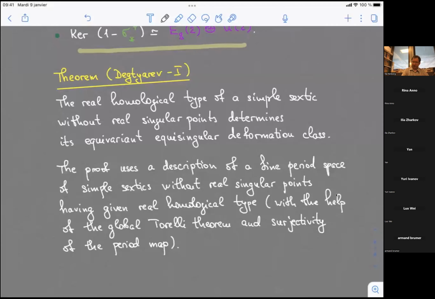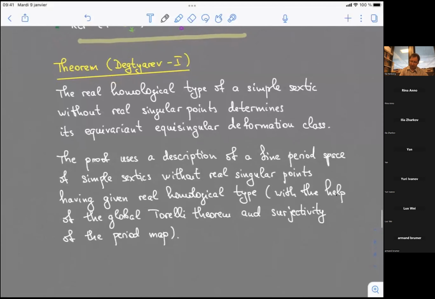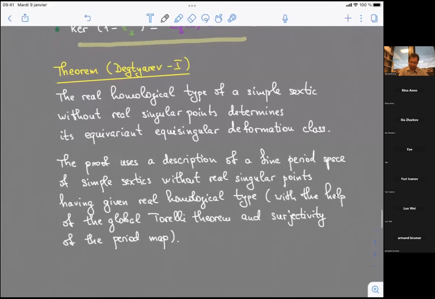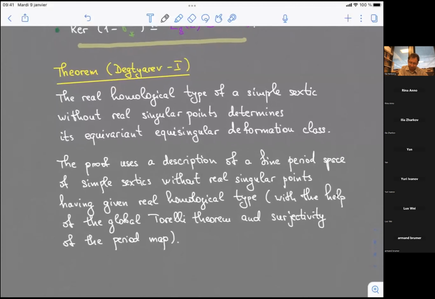All right. Once again, I have this possibility to make a canonical choice. I have the notion of real homological type, and the theorem tells me that the real homological type in this situation determines the equivariant equisingular deformation class of our sextic.